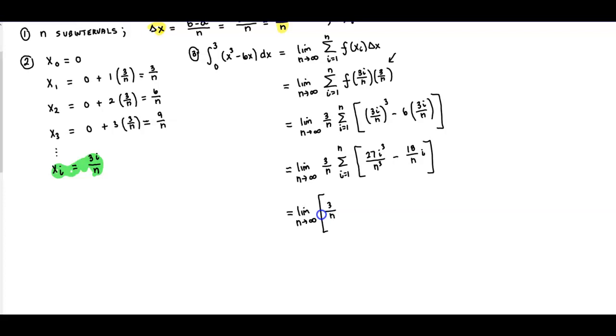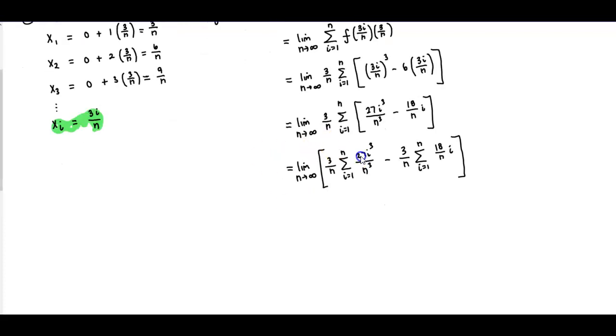We have 3 over n with the summation of i equals 1 to n of 27 i cubed over n cubed, and then minus, again, another summation, 3 over n of i equals 1 to n of 18 over n times i.